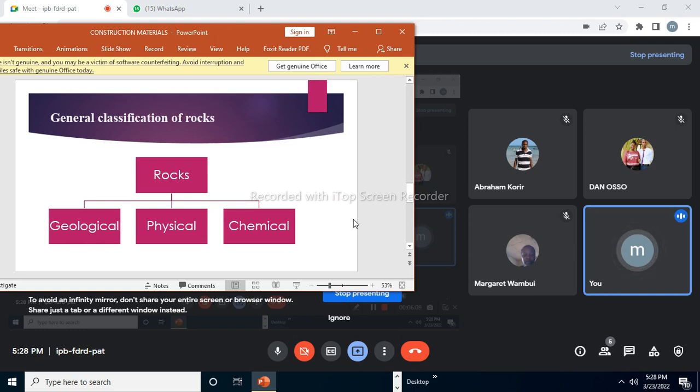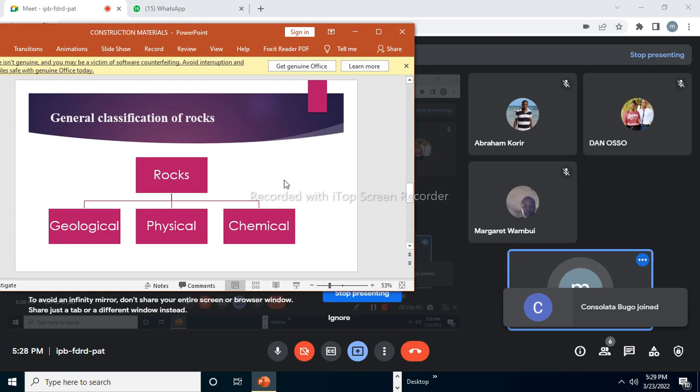They are carried by agents of weathering and settle down in layers called sediments, and after consolidation and accumulation and the action of pressure, they become sedimentary rocks. As we said in physical classification, stratified rocks are majorly sedimentary rocks.